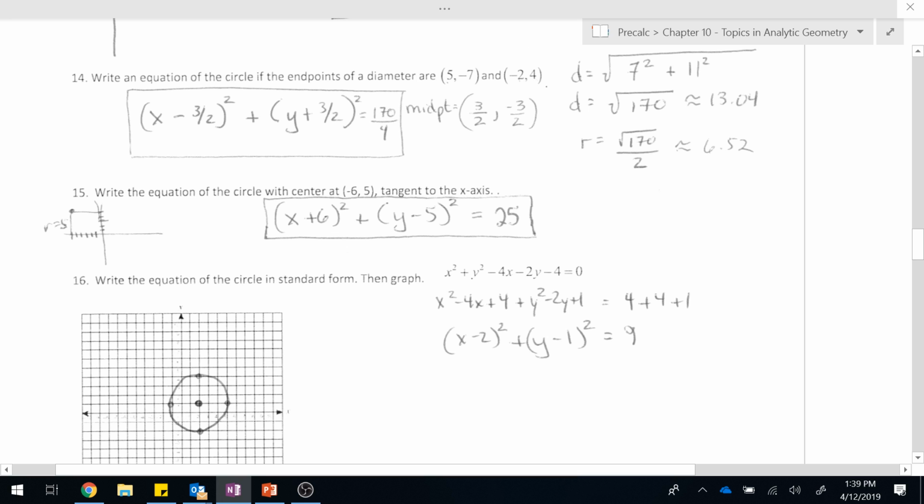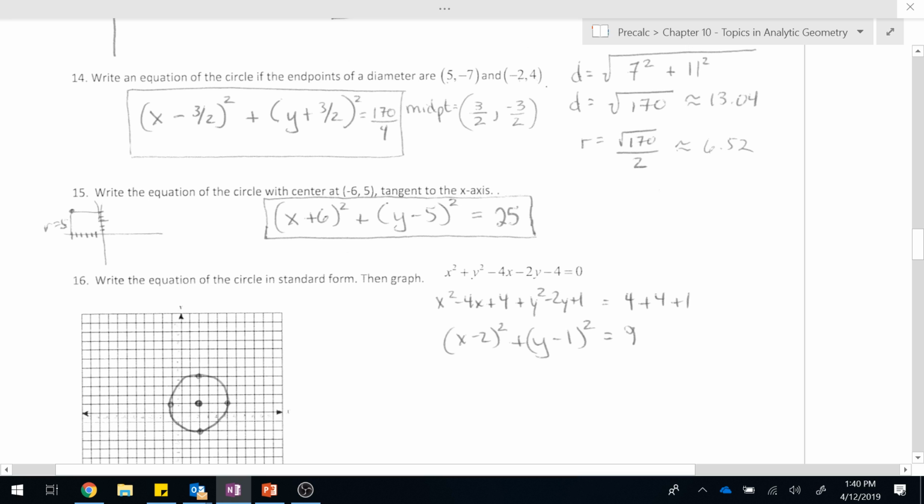Now, where's the center? Well, do you remember ever seeing the midpoint formula? Yeah, a long time ago. The midpoint between 2 points is the average of their coordinates. So you take 5 plus -2, and divide by 2.